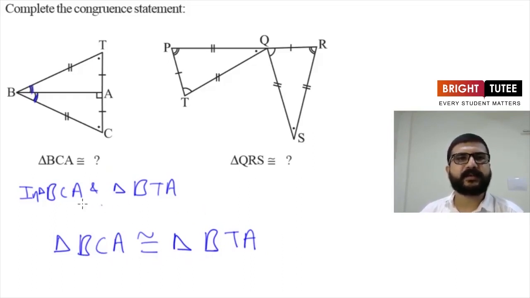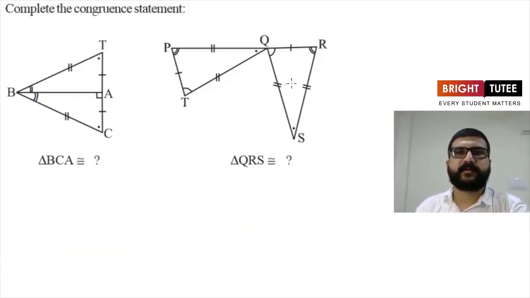Now let's see the second one. In these two triangles, the first triangle is QRS, which is already written here. We have to tell which triangle it is congruent to. How should we write the order of vertices of triangle PQT?